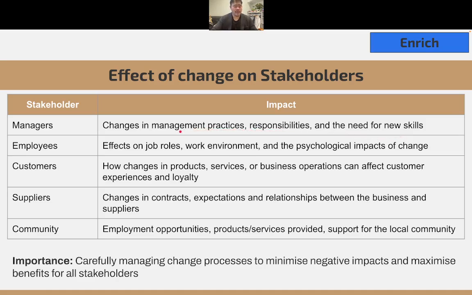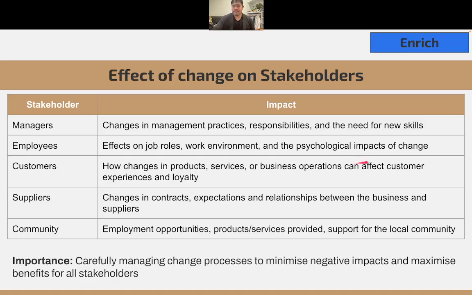So it could be something like, instead of being a manager of one department, you'll be a manager of 2 different departments as well. All right, so those are the different skills that's required, or you need to have new skills to manage more people. Next is employees, so effects on the job roles, so the different things that they have to do now, the work environments, and psychological impacts of change.